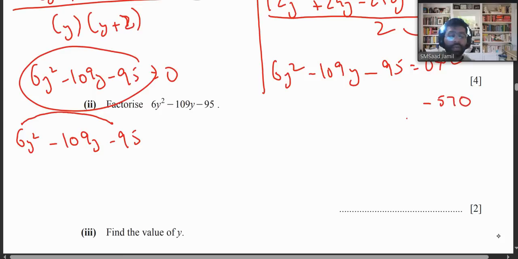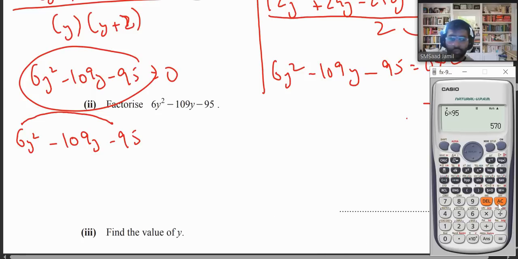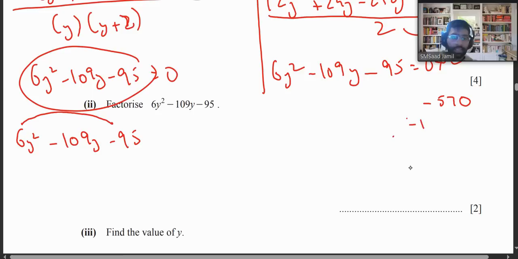Now guys, tell me two numbers such that when you multiply them, you get negative 570, and when you add or subtract them, you get minus 109. So the two numbers are negative 114 multiplied by positive 5, you get negative 570.